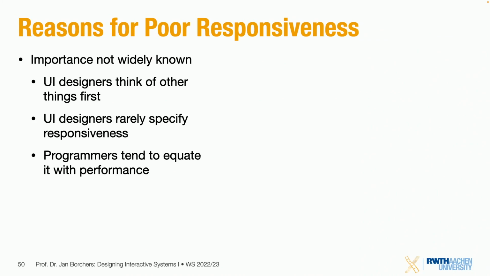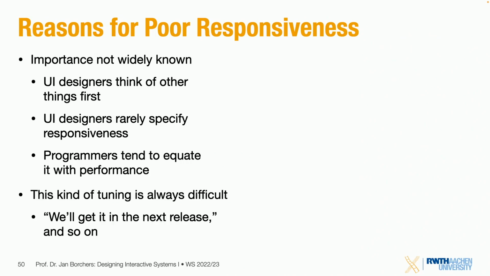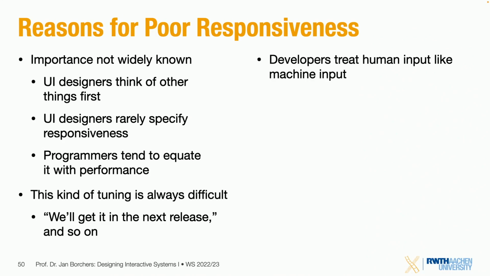It doesn't have anything to do with performance, because there are other factors that really create this responsiveness or unresponsiveness. But it's not easy. It's actually tuning that is difficult, so it's often pushed off to we'll do this in the next release.